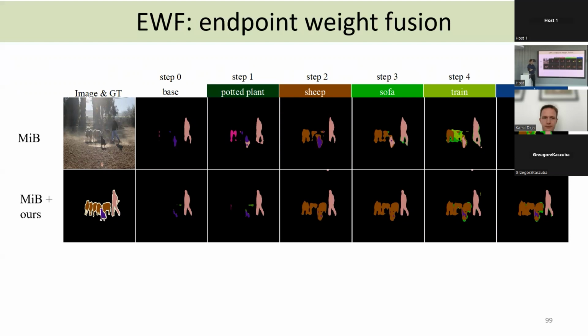You see previous classes also, but you do have to explicitly handle this problem, because if you just say this is background, then you start making errors. That problem is solved by MIB, for example. In incremental object detection, it's the same setting.